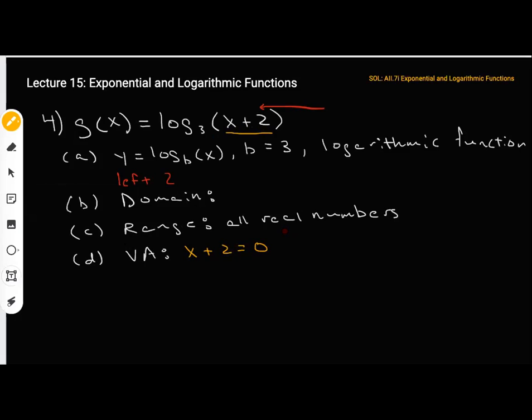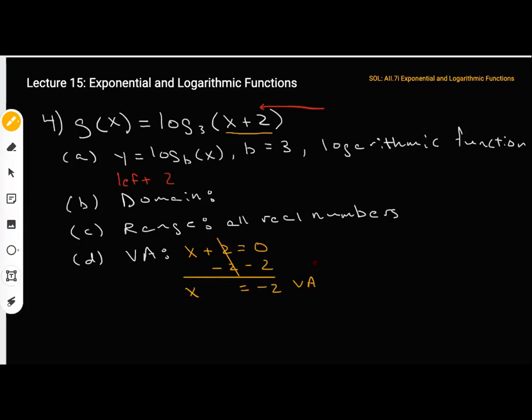You basically don't want to take the log of 0. And if x plus 2 is actually 0, that's going to give you that x value that you can't cross. So I'm going to subtract 2 from both sides, and that's going to give me -2. That's my vertical asymptote.